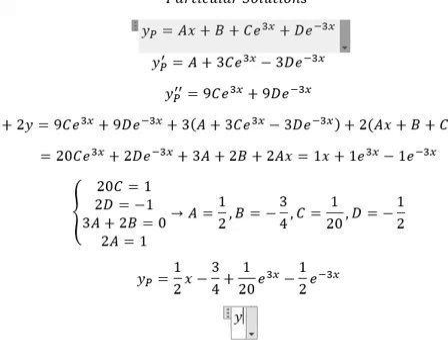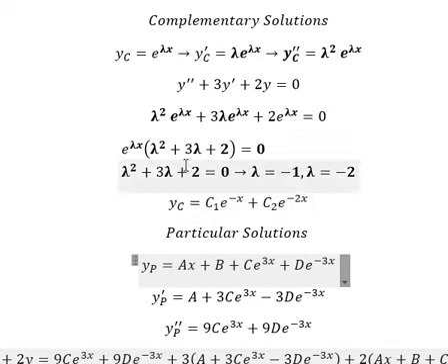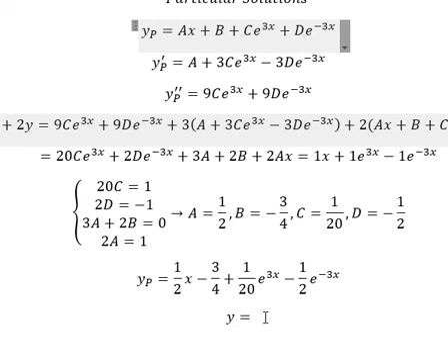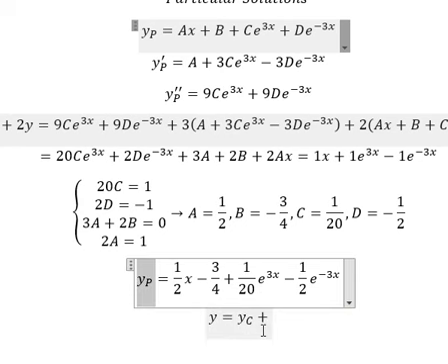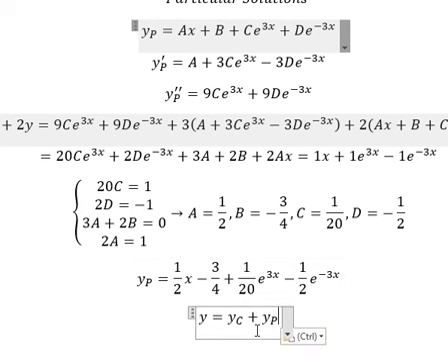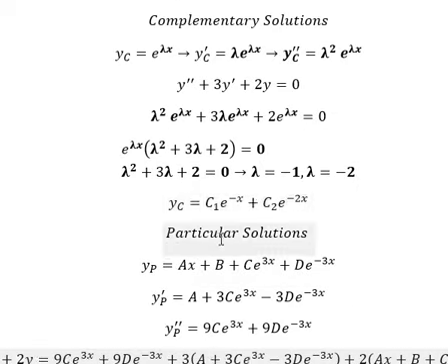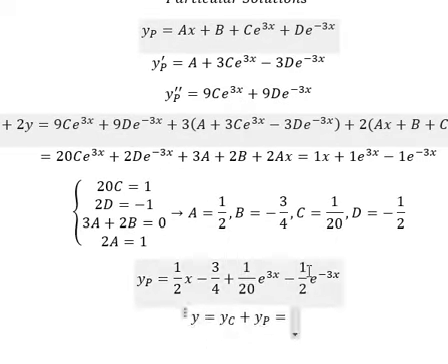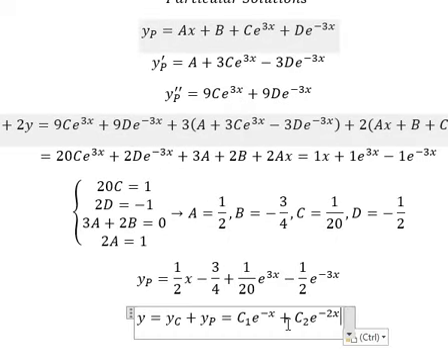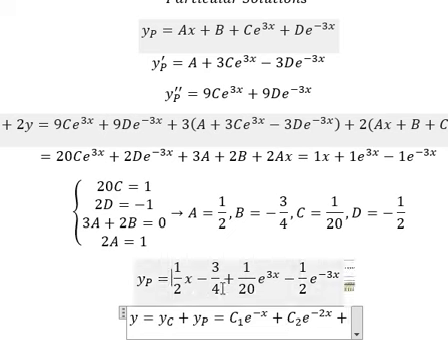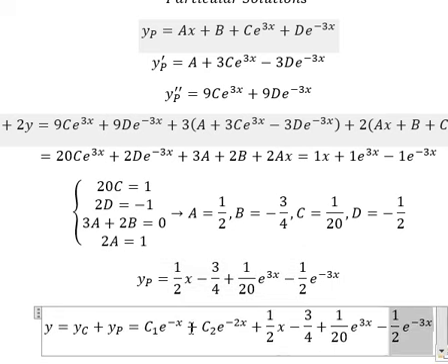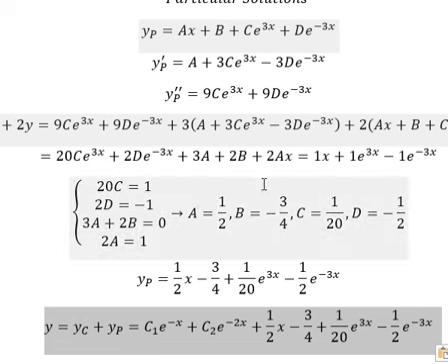So we have y equals to yc plus yb. So we have this one and this one, and this is the final answer.